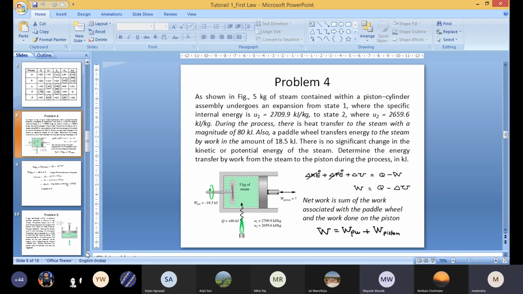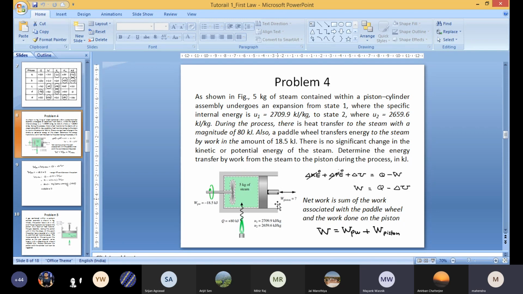Since this is heat supplied to the system, we are considering it as positive. And here some paddle work is happening upon this. That means work upon the system. That's what this minus is.